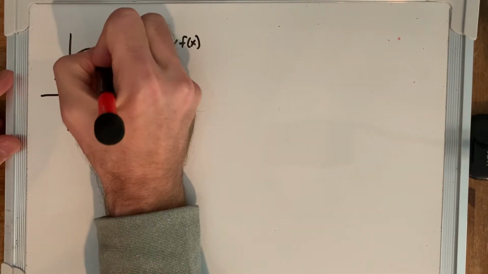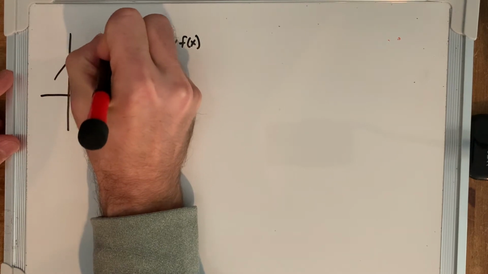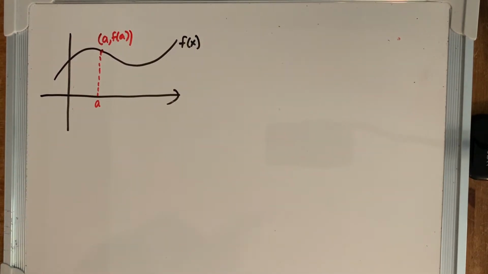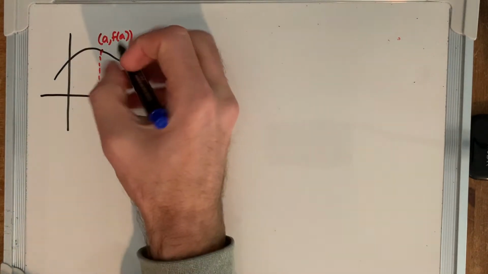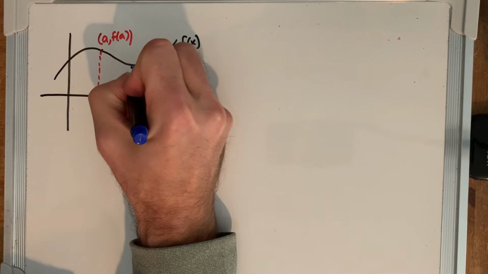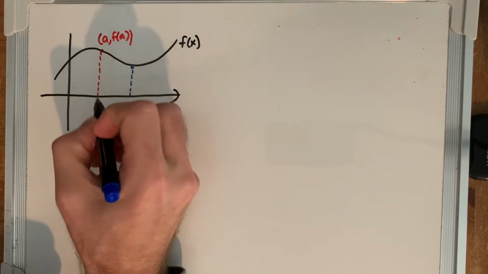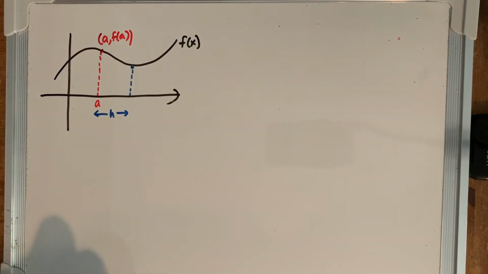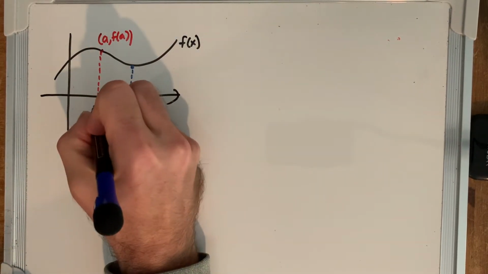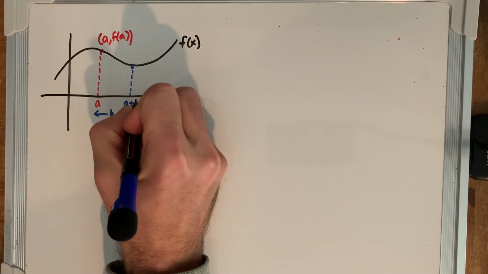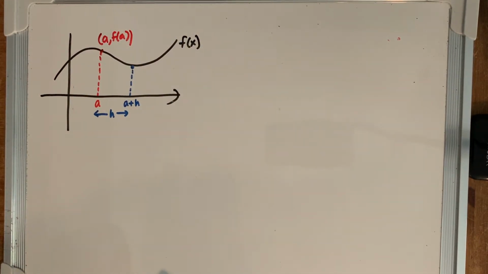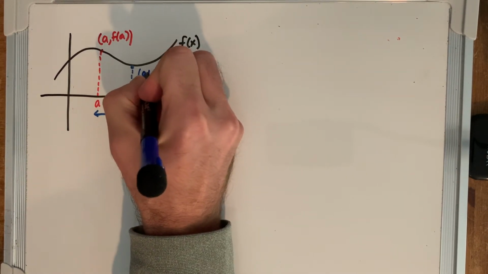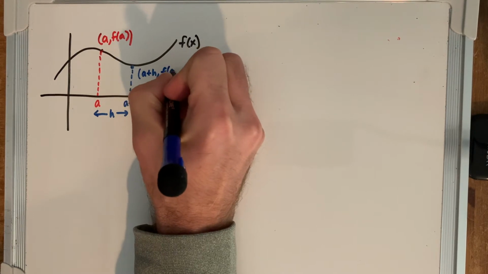So at x equals a, we're at the point (a, f of a). Okay, then we're going to look at a second point. And that second point is going to be h away from the first one. And so if we're starting at a here, this is going to be a plus h. So the distance between the 2 points is h. So this coordinate then becomes (a plus h, f of a plus h).